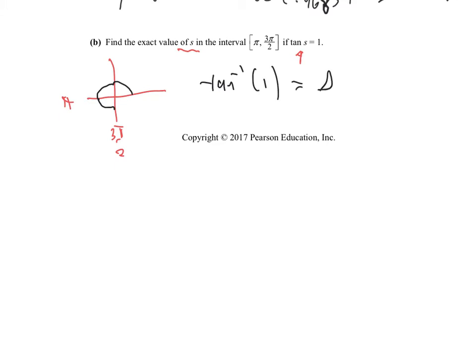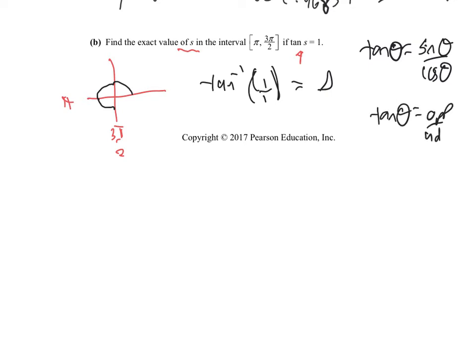What S is that? So I have to ask myself, how do I get a tangent? Now remember, tangent of theta is always sine of a number over a cosine of a number. So it's a fraction. So when I'm looking at the 1, I'm looking at 1 over 1. Also, tangent on a triangle is opposite over adjacent. What kind of triangle has a 1 over 1 opposite and adjacent?